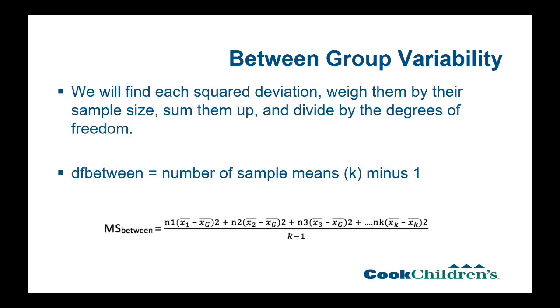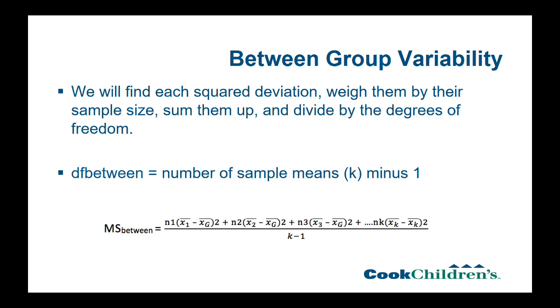So we find each squared deviation, weigh them by their sample size, sum them up, and divide by the degrees of freedom. Degrees of freedom, we are very familiar with that terminology too. It represents how many values involved in a calculation have the freedom to vary.